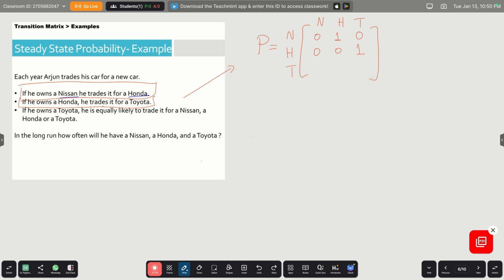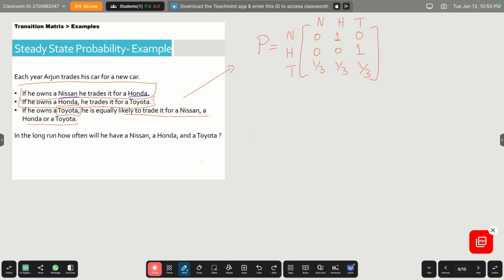But if he has a Toyota this year, he is equally likely to trade it for a Nissan or a Honda or a Toyota. So 1 by 3 is the probability, because equal probability for all three, and the sum should be equal to 1. So 1 by 3, 1 by 3, and 1 by 3. This is the transition matrix for the given Markov chain.